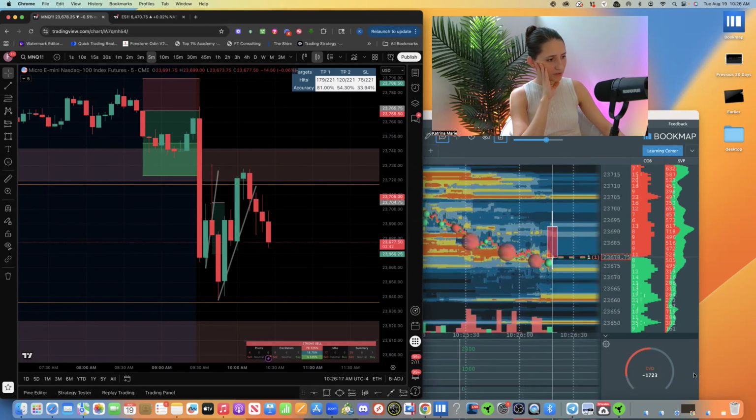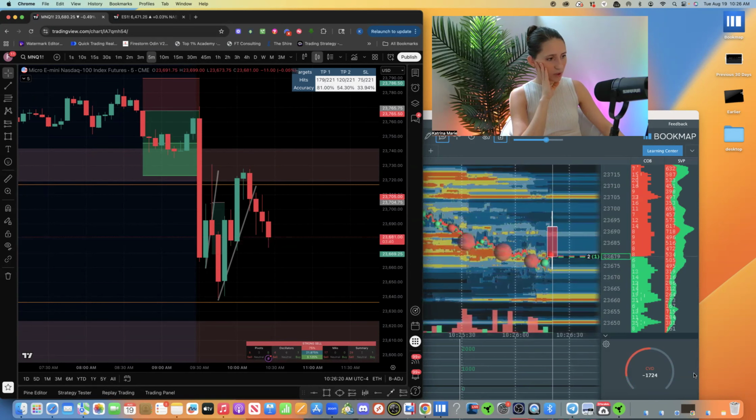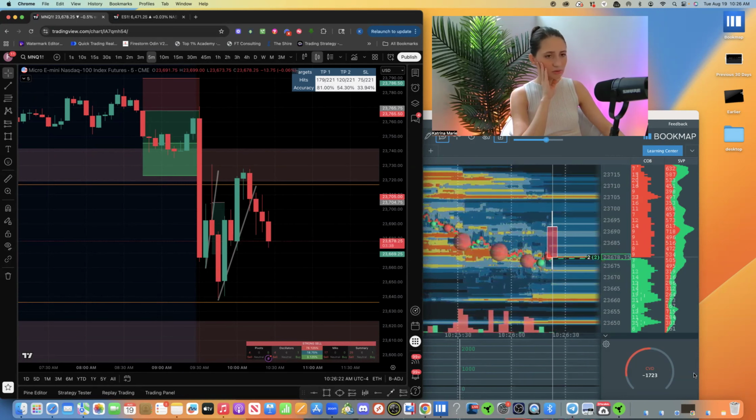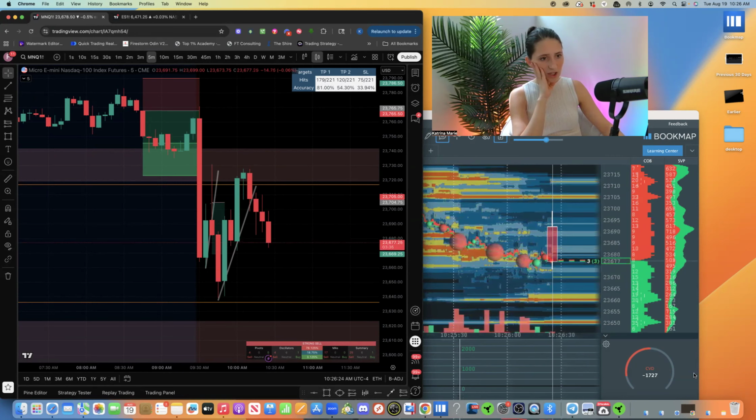Pushing back down again. Leaving the wick on the other side of that 10 a.m. candle.